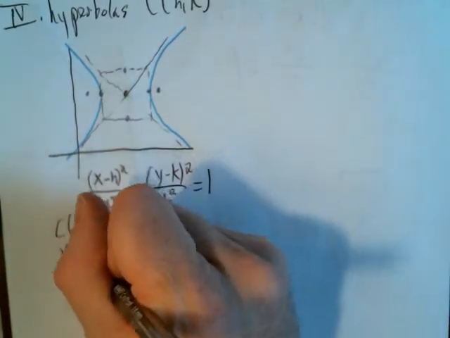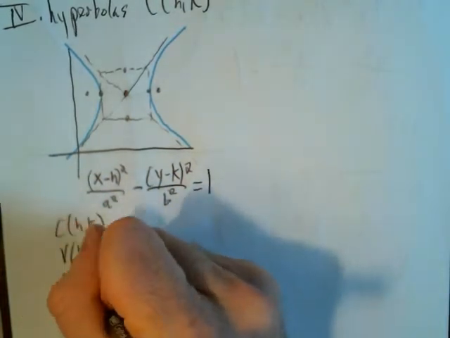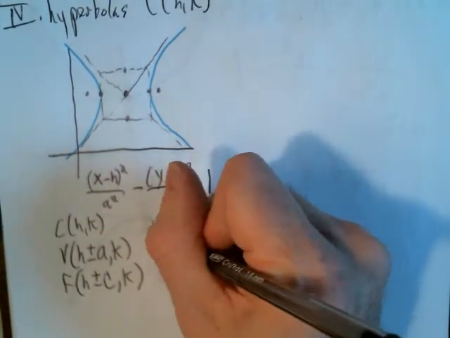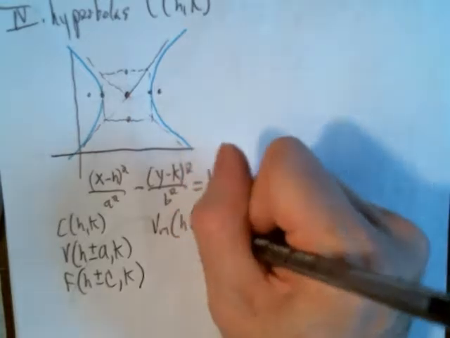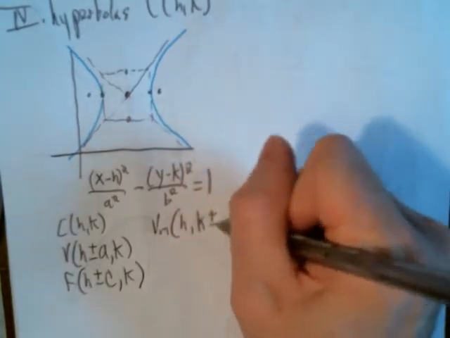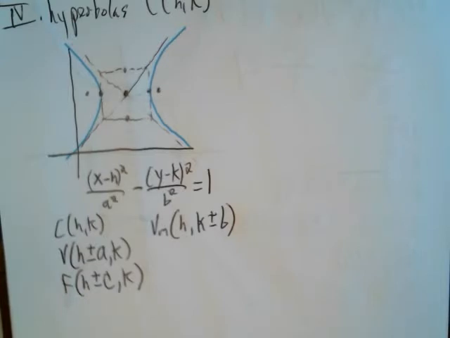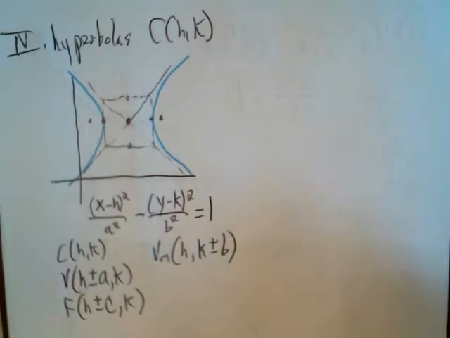So by a. And then for the foci, we're just adding and subtracting c. And then for the minor vertices, we're going up and down. So I'm going to manipulate the y coordinate. So k plus or minus b. All right. Let's look at the other orientation.